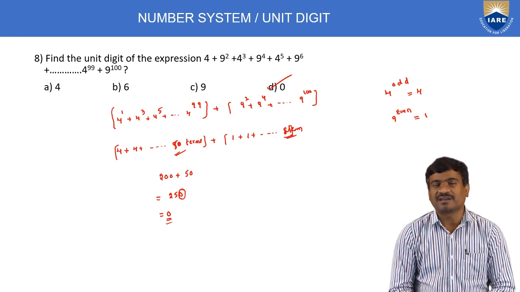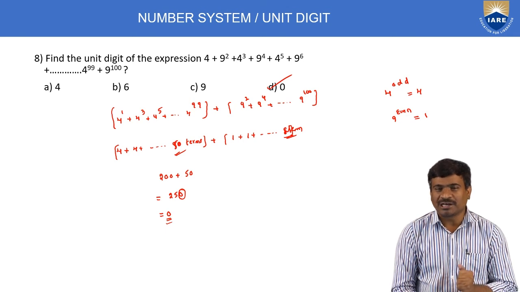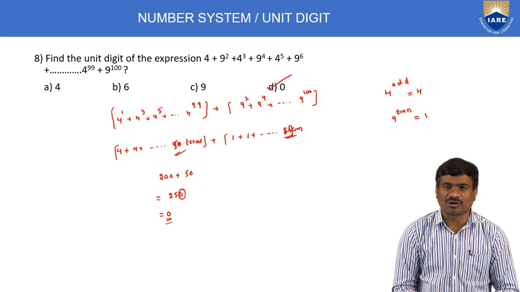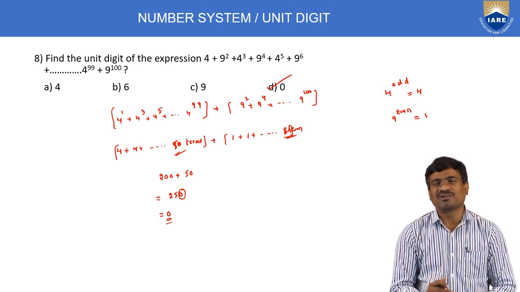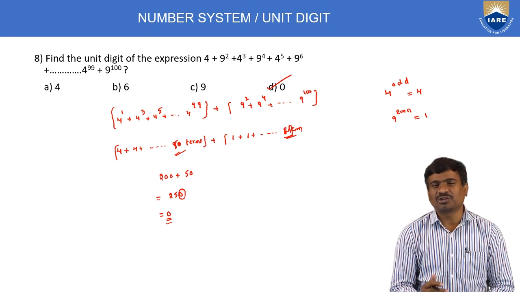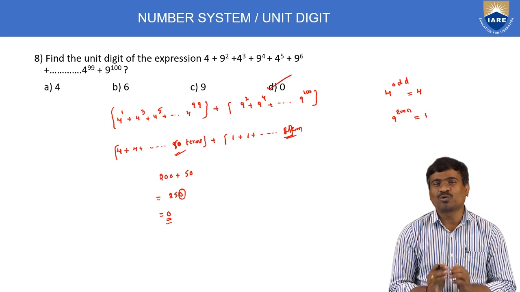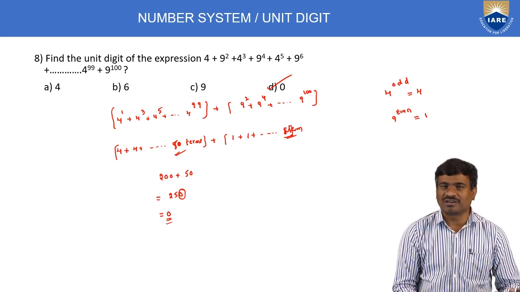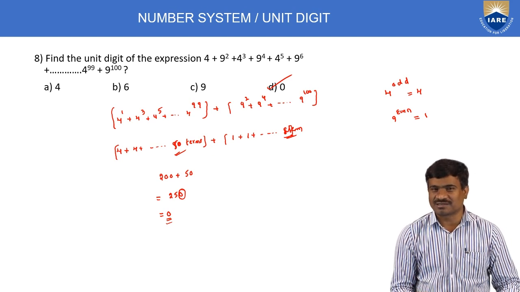Here is the series method: we have an alternating series of 4 and 9. Check the power, even number or odd number. 4 to the power of an even number is 6, 4 to the power of an odd number is 4, 9 to the power of an even number is 1, and 9 to the power of an odd number is 9. But in total there are 100 terms: 50 terms of 4 and 50 terms of 9.